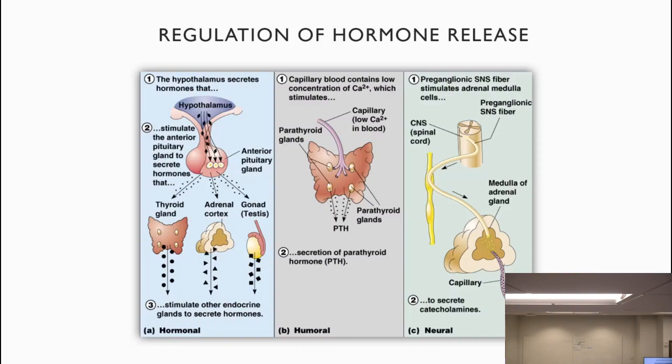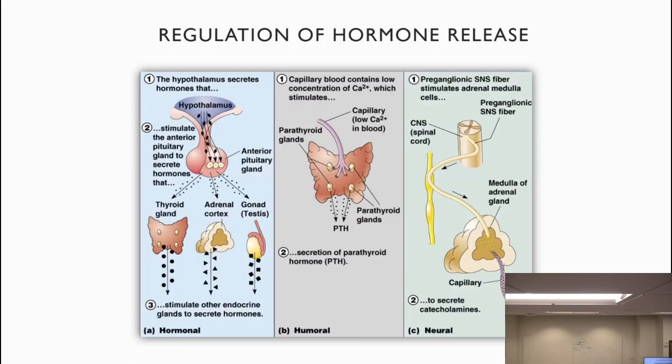So we have 3 axes: the hypothalamic pituitary thyroid axis, the hypothalamic pituitary adrenal axis, and the hypothalamic pituitary gonadal axis. You have a hormone from the hypothalamus that is called either releasing hormone or inhibiting hormone, for example corticotropin releasing hormone or thyrotropin releasing hormone. That's easy to recognize because they will have this name.